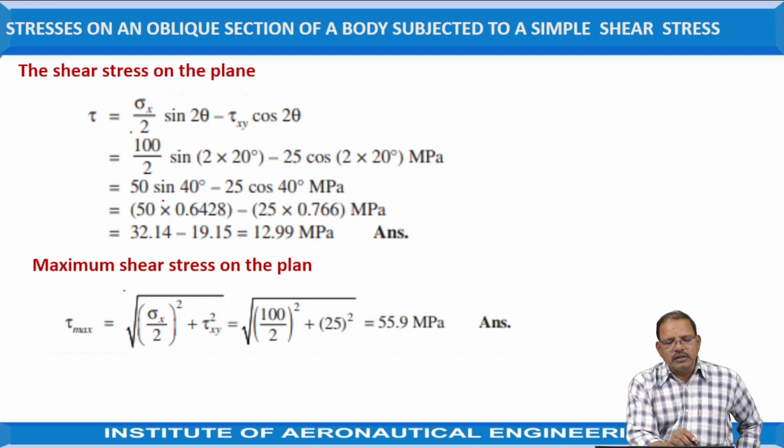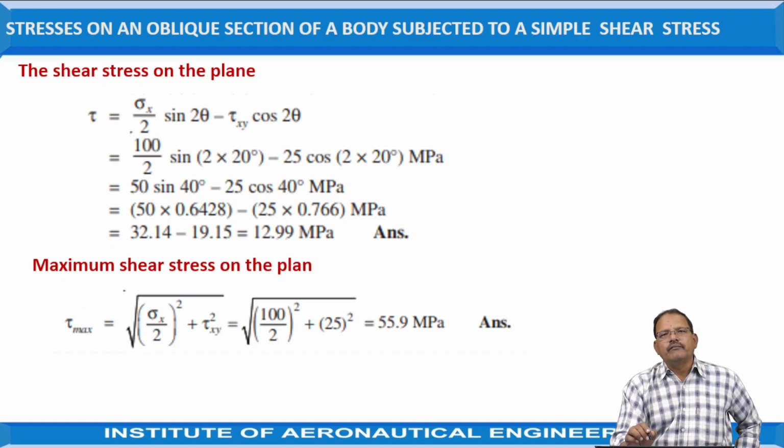From this relation, 50 into sin 40 minus 25 into cos 40. Here sin 40 is 0.6428 and cos 40 is 0.766. From this relation we got 32.14 minus 19.15, which is equal to 12.99 megapascal now.